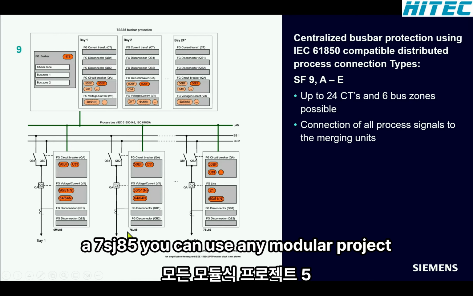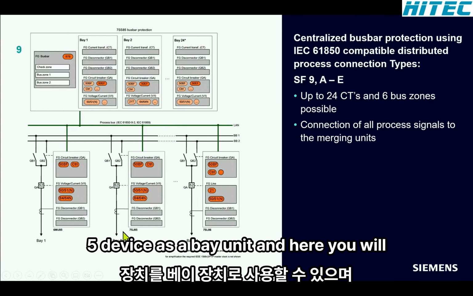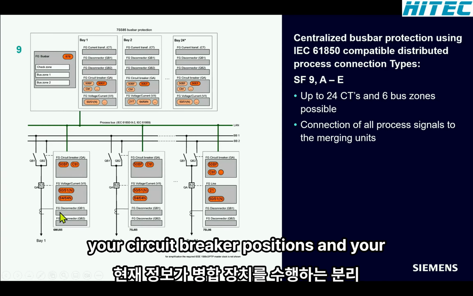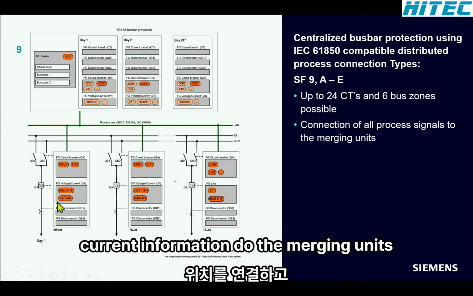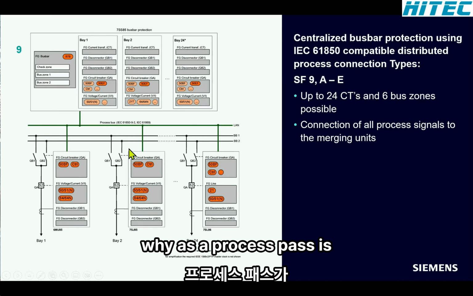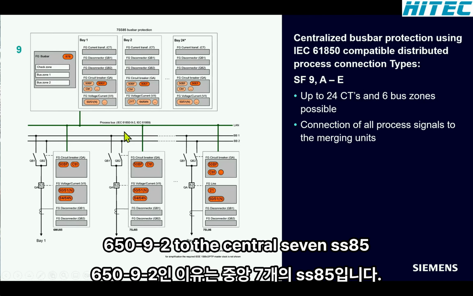You can use any modular SIPROTEC 5 device as a bay unit. Here you connect your disconnector positions, your circuit breaker positions, and your current information to the merging units, and this data will be transmitted via the process bus IEC 61850-9-2 to the central 7SS85.